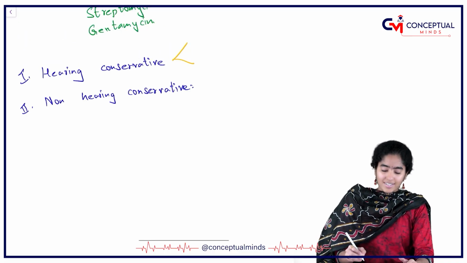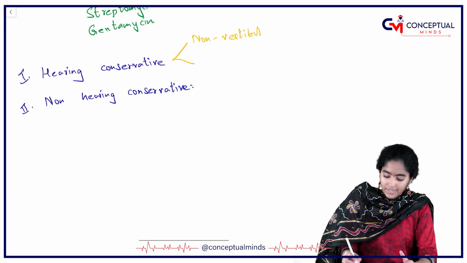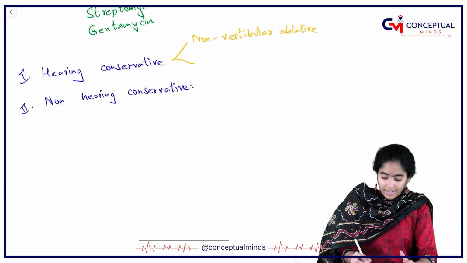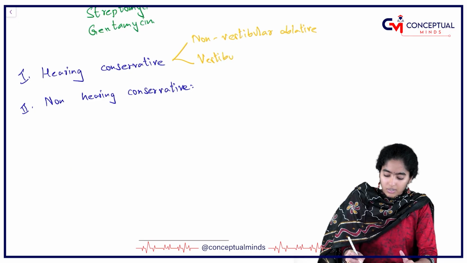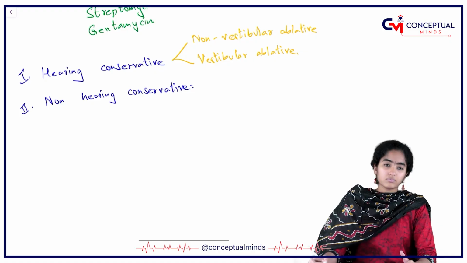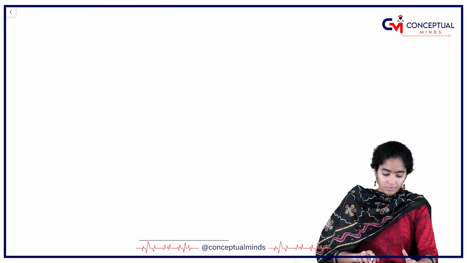And in hearing conservative also we have two types. They are non-vestibular ablative surgery, and the second category is vestibular ablative surgery. Let us study about all of them in a little more detail.